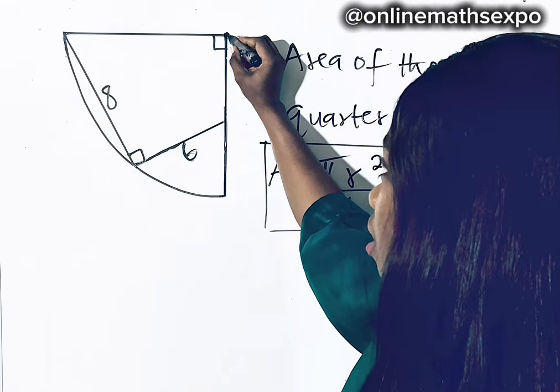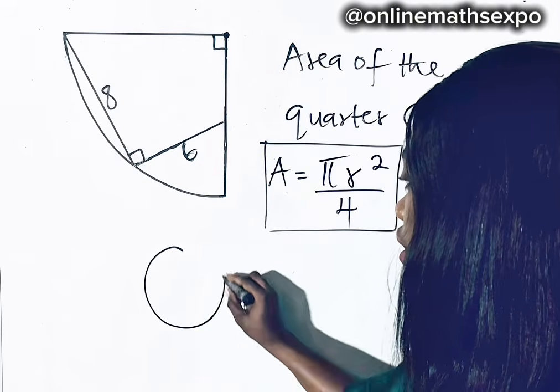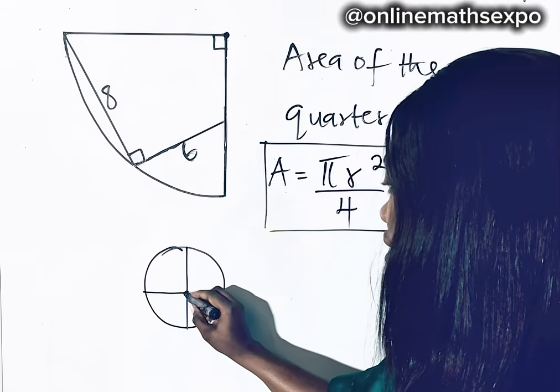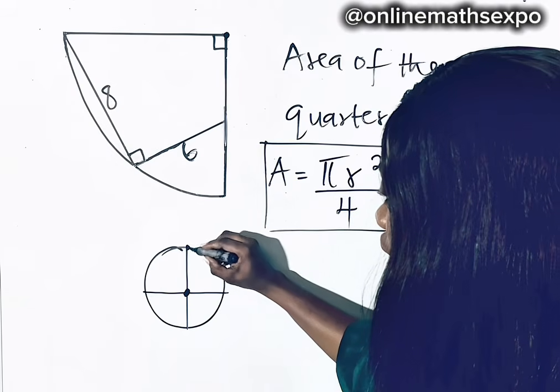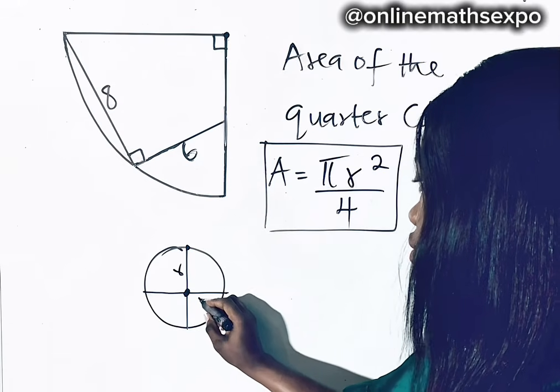Automatically, the line from this center touching this part, when you have a circle drawn this way and you divide it equally, this is the center, and this being the center means that from here to here is the radius of this quarter circle, and from here to here is also the radius.